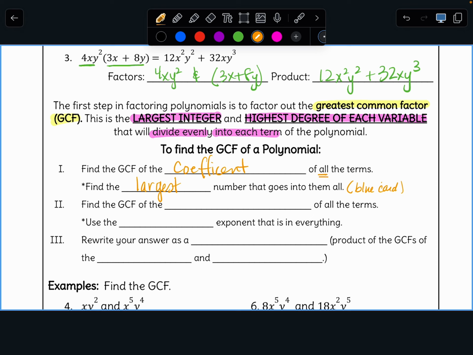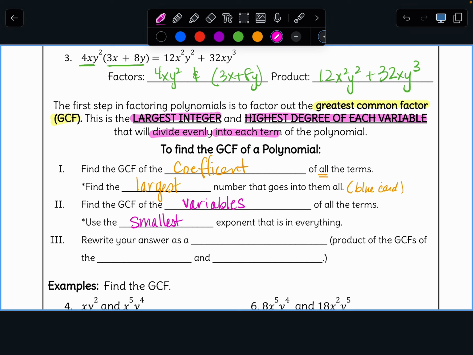So then we find the GCF, greatest common factor, of the variables. In this case, I want the smallest exponent that is in everything. So if I have an x squared and an x, what's the smallest exponent?